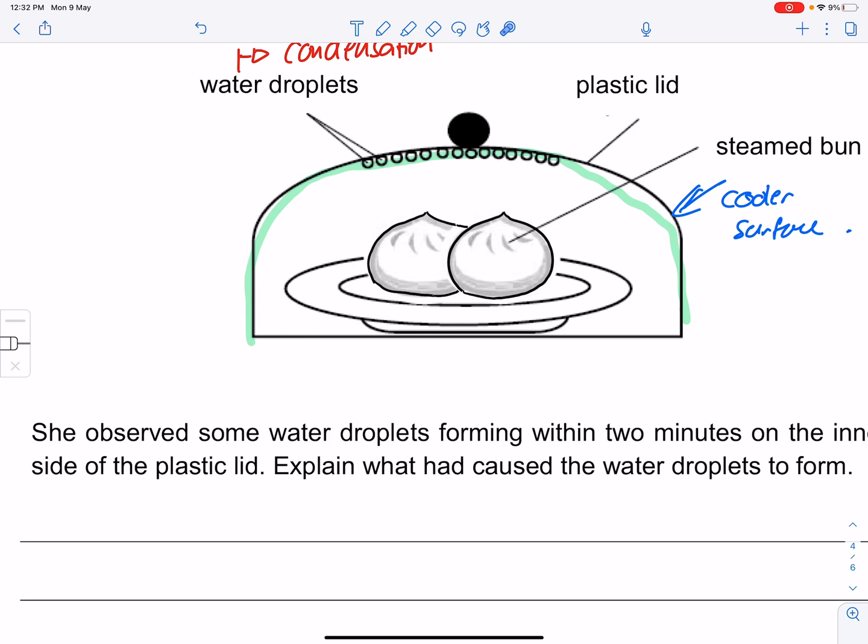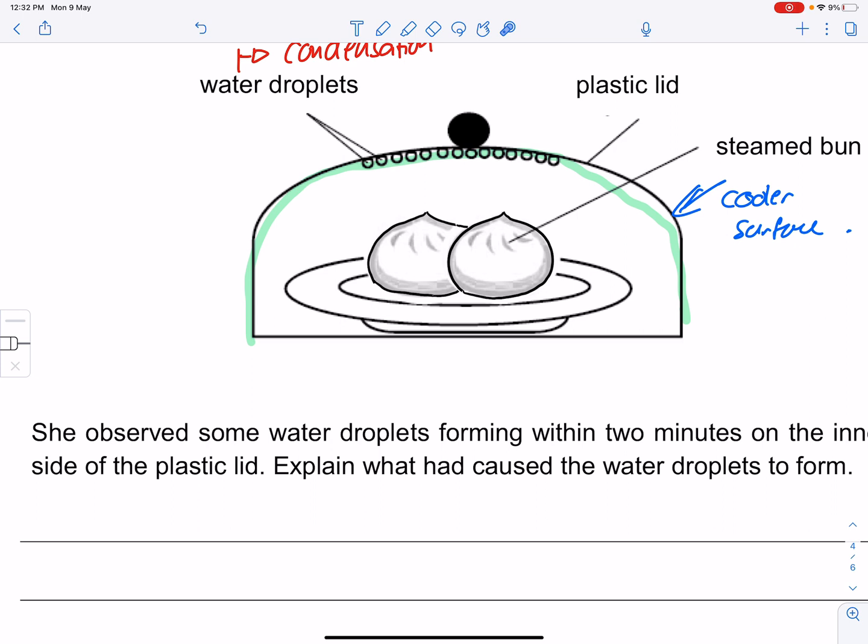Now, there's not really a heat source in the second answer. That's because the buns have already been taken off the fire and placed on this plate. So the heat source was your fire, but you removed it already. But is it still warm? Yes. Evaporation still happens.